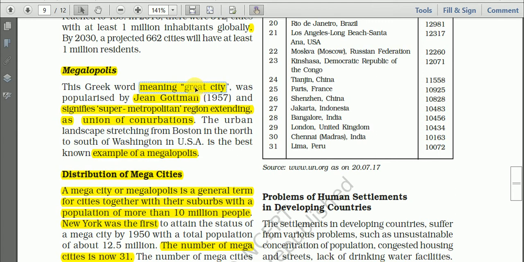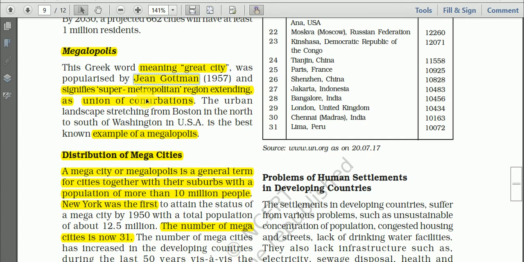This term was popularized by Jean Gottman in 1957. This line is very important because in board exams, 1 mark questions or MCQs may be asked.